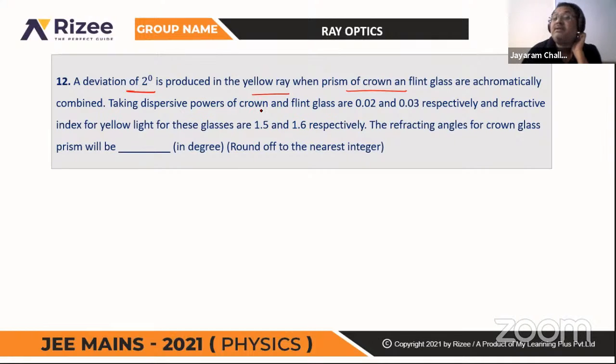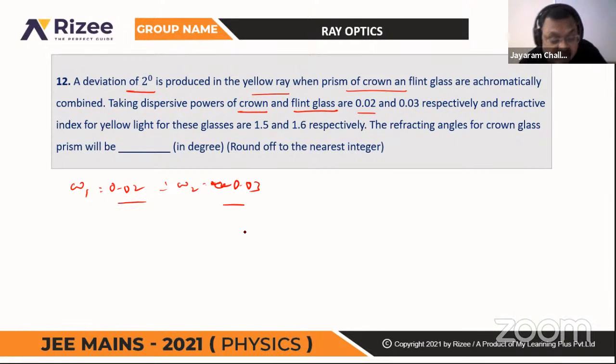The dispersive powers of the crown and flint glass are omega 1 is equal to 0.02 and omega 2 is equal to 0.03. The refractive indices are mu1 is equal to 1.5 and mu2 is equal to 1.6. This is the information he has given in the question.